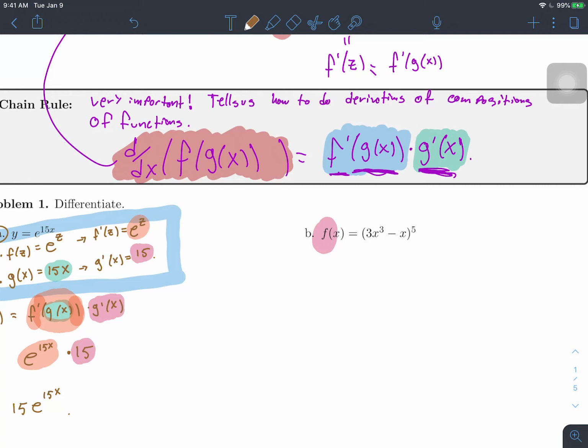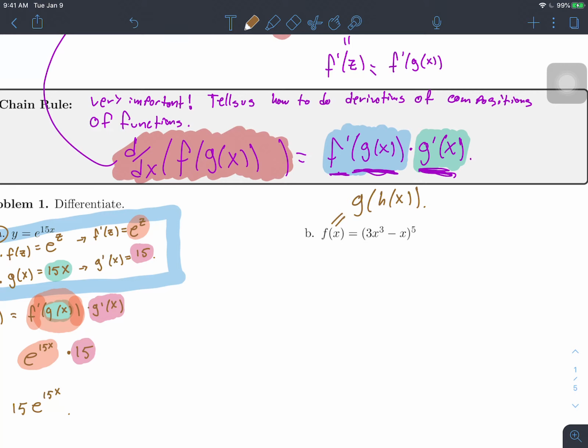So let's do that first. I'm going to have to switch up my letters. I'm going to say f of x is equal to g of h of x. Okay, the only thing that changed here was the letters I'm using.